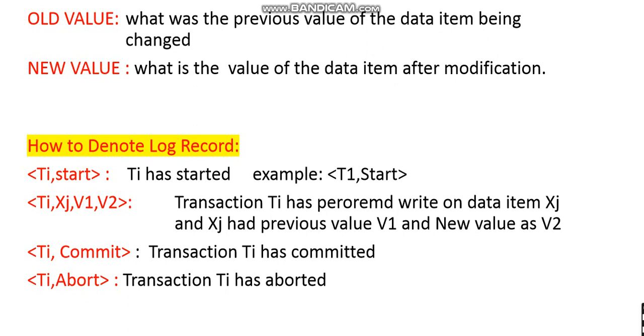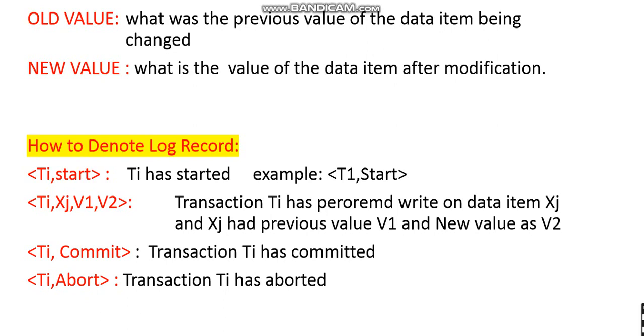New value: what is the new value of the data item after modification? So these are the four fields which come under the log written for any transaction. One is the transaction identifier, second is the data item identifier, then old value and new value.